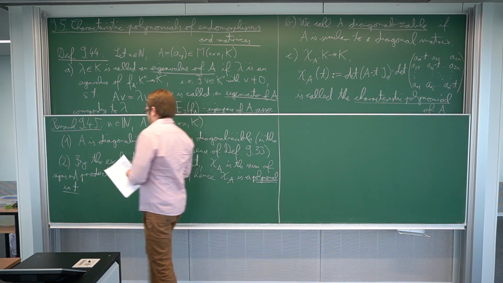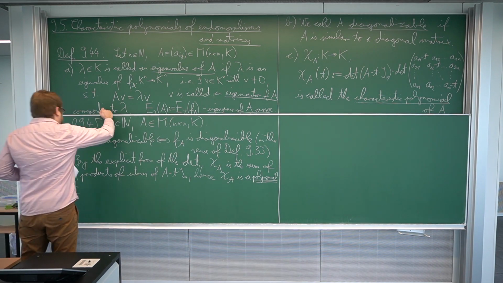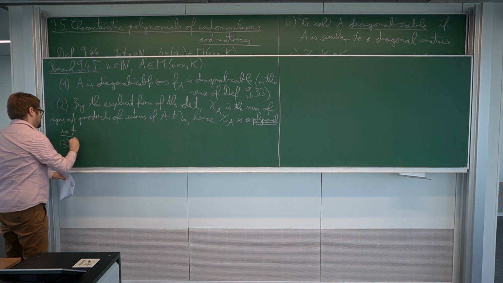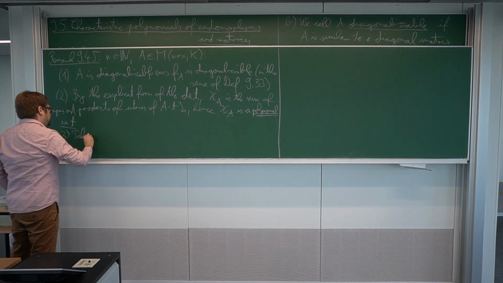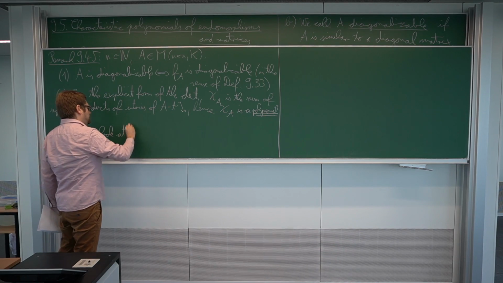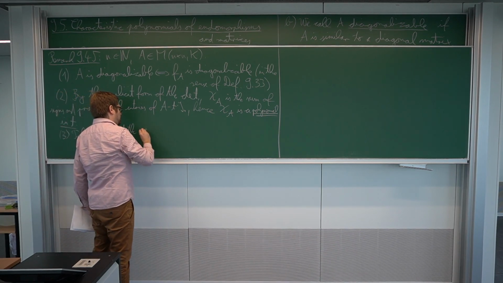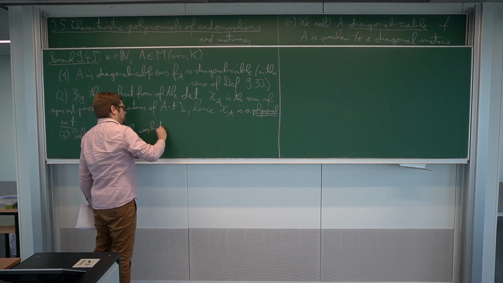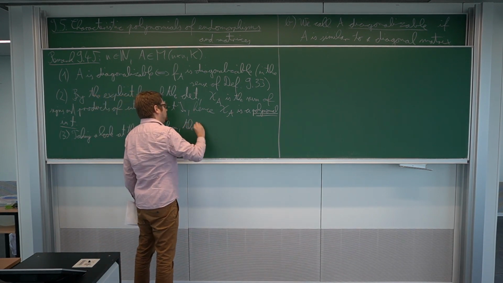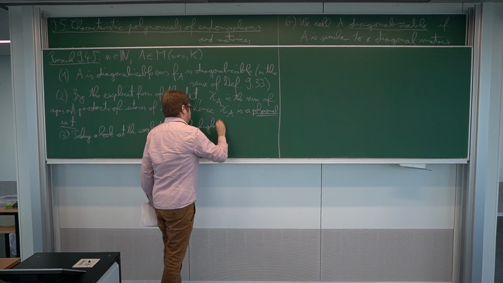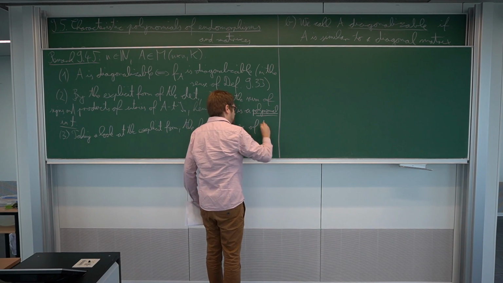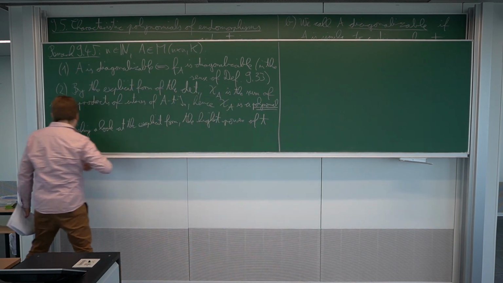So let me write this down a bit. Taking a look at the explicit form, the highest power of t occurs in the summand.